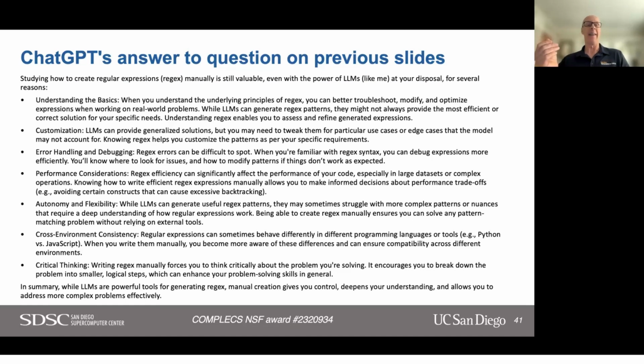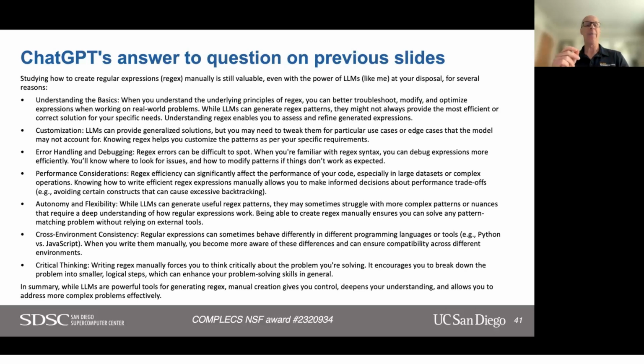They mention understanding the basics, customization. These are really important. I've found over the years, before LLMs, I would go to Stack Overflow a lot for programming suggestions. And even when I see the solution, I would have to struggle a little bit to figure out how to use that in my case.